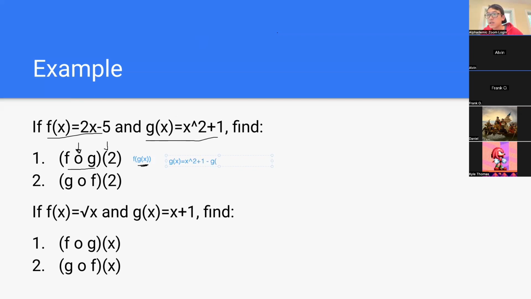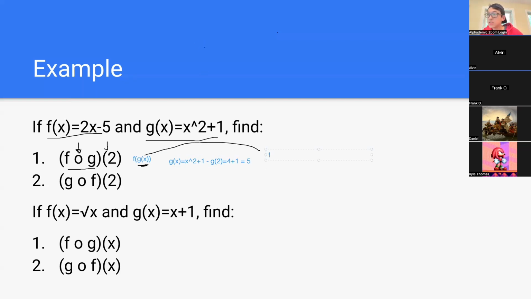So g of 2 would equal 4 plus 1, which is 5. Now we have the first part complete: we found out what g of 2 equals, so now we can simplify this equation.